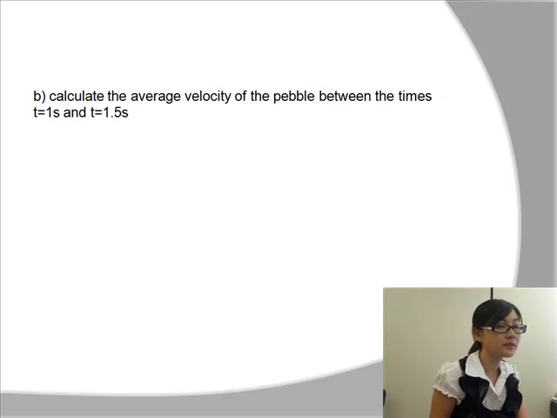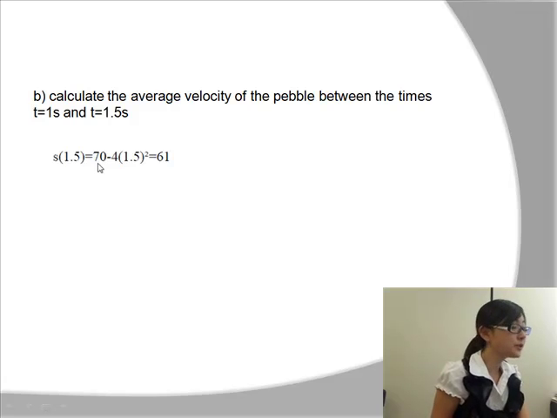Now calculate the average velocity of the pebble between the time t equals 1 second and t equals 1.5 seconds. Once again, we have to find out what t equals 1.5 seconds is in terms of height above the ground. So we plug t equals 1.5 back into our original equation. That will give us 61.